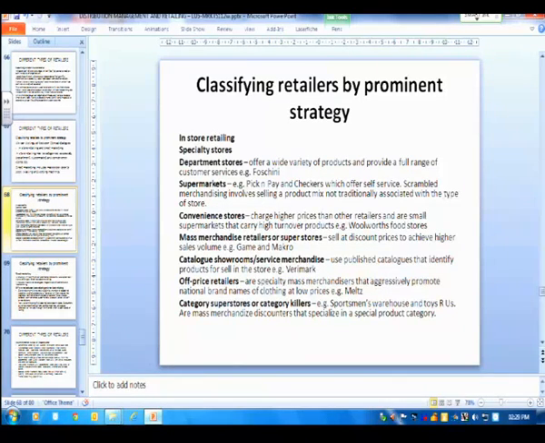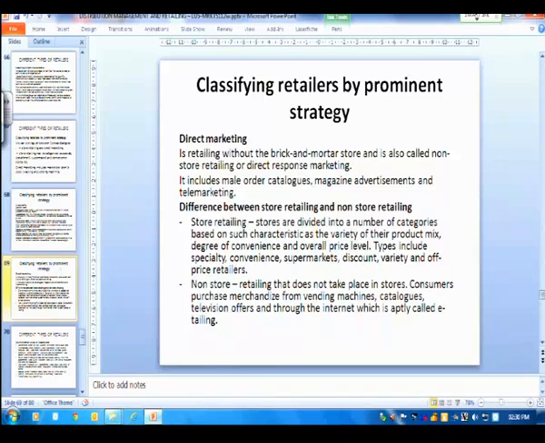And then off-price retailers are specialty mass merchandisers that aggressively promote national brand names of clothing at low prices, for example, Mr Price. And then category superstores and category killers, examples like Sportsman's Warehouse and Toys R Us, are mass merchandise discounters that specialize in a special product category.